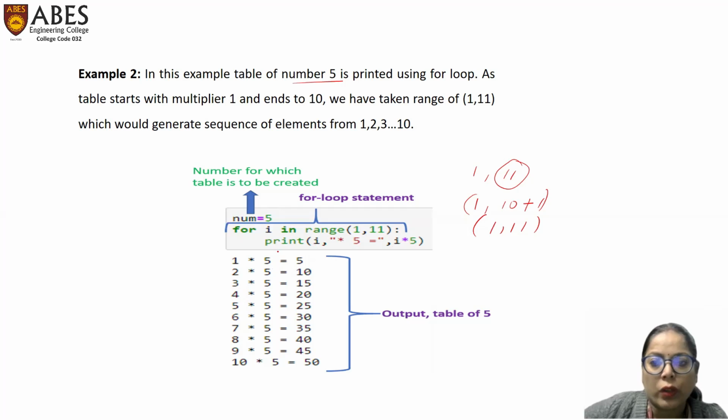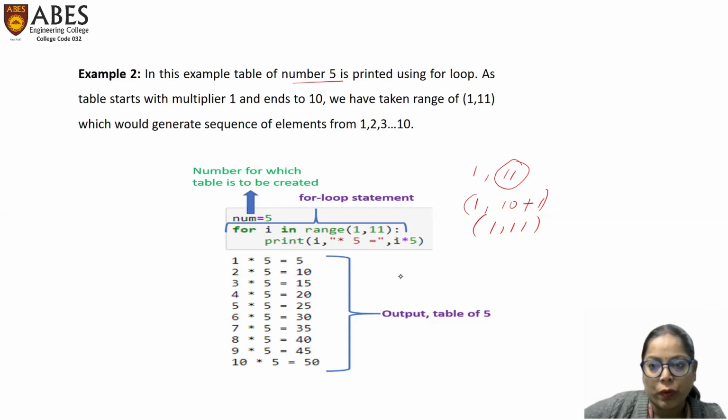So how it works, we will see. For I in range, it will start from 1, because we have already taken the starting value as 1, and it will see the statements. And what is the statement?